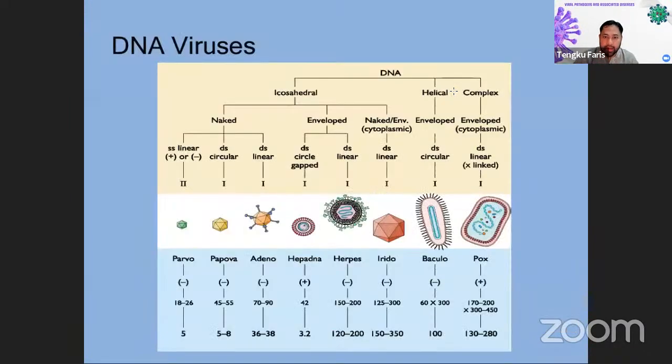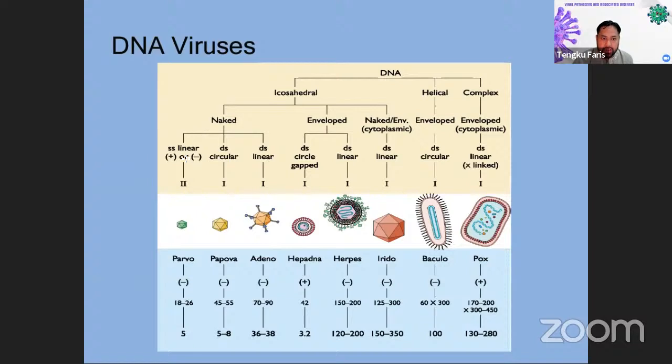Okay, all right. So how do we classify? How to summarize it? We have DNA and also RNA viruses. For the DNA viruses, you can classify them based on the 3 main structures, which are icosahedral, helical, and complex structure. Under icosahedral, you can see it is either naked or enveloped, or cytoplasmic.